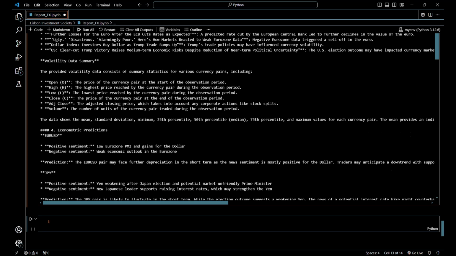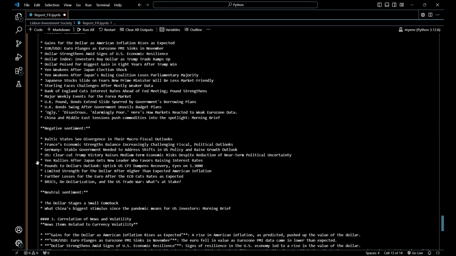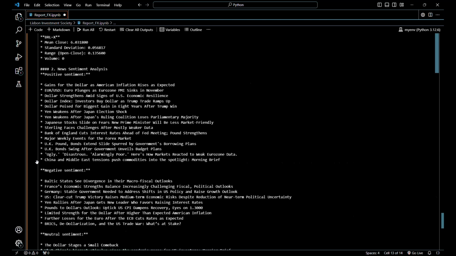As you can see, it can be very useful here for short-term trading in FX markets for sure. I would like to include here yields in interest rate differentials and macroeconomic data, also the economic calendar, and also extend to other currency pairs in the future, and also make it a dashboard.